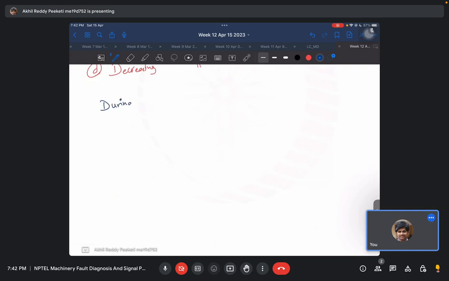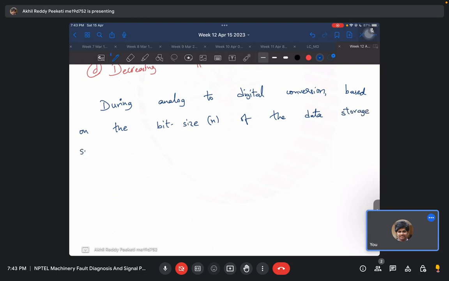During analog to digital conversion, based on the bit size of the data storage system, a specific resolution will only be available.